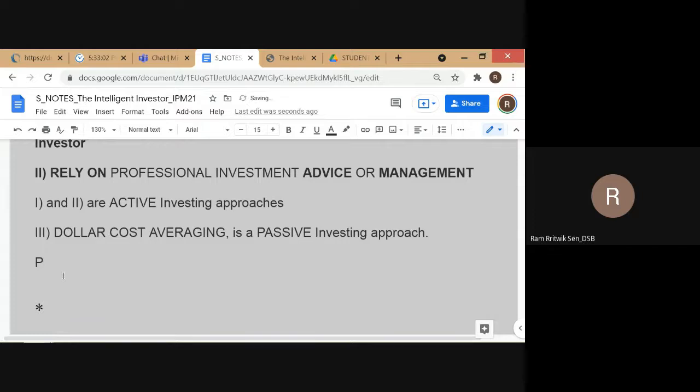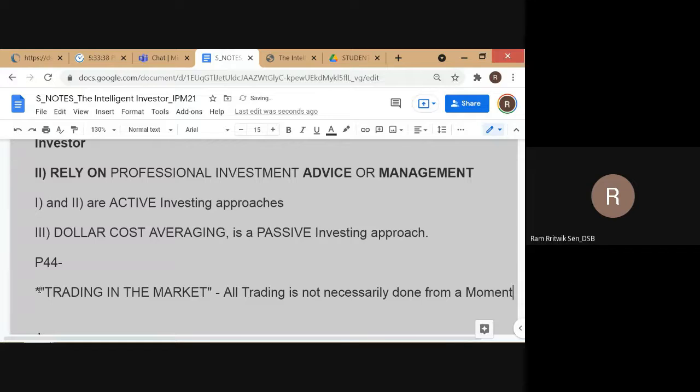That page 44, we've made these notes before. So all trading is not necessarily done from a momentum perspective.